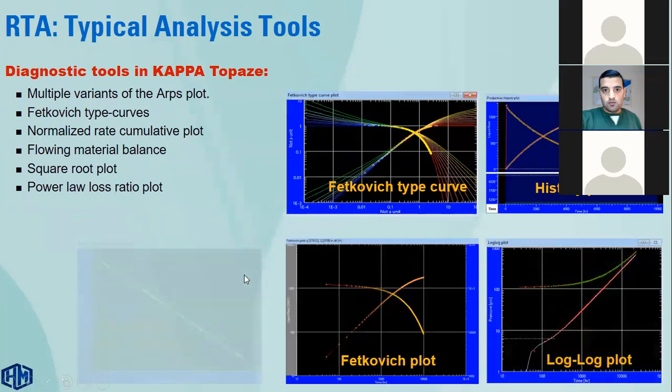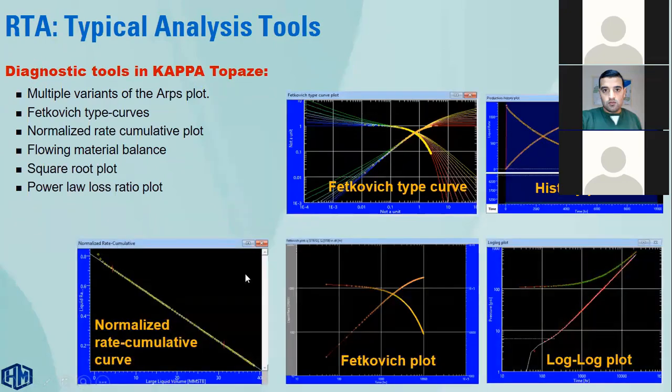In Topaze, as you can see, we have different analysis tools like the Fetkovich type curve, which is similar to OFM, and, as mentioned before, the dimensionless type curve of Fetkovich. We have the normalized rate cumulative curve, the Fetkovich plot, and the log-log plot.